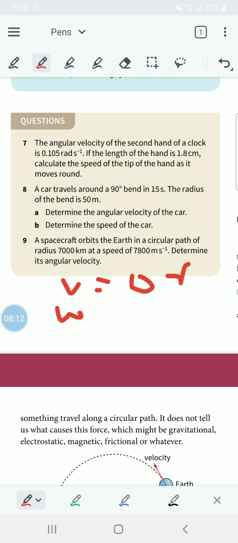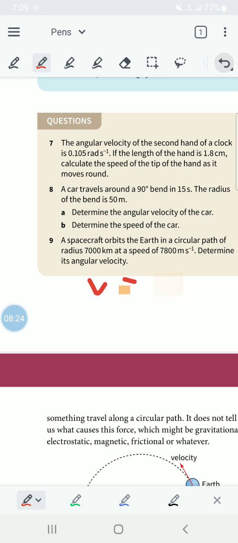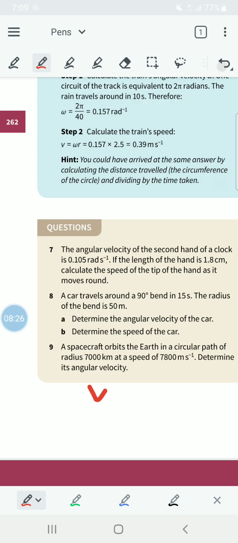You divide both sides by r, then omega equals v upon r. So we can use that equation and find the value.